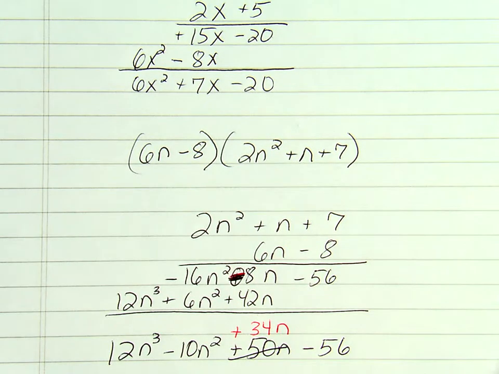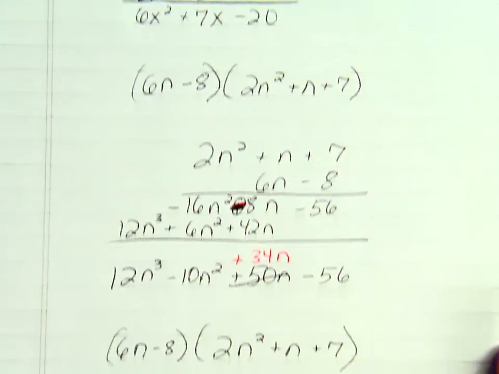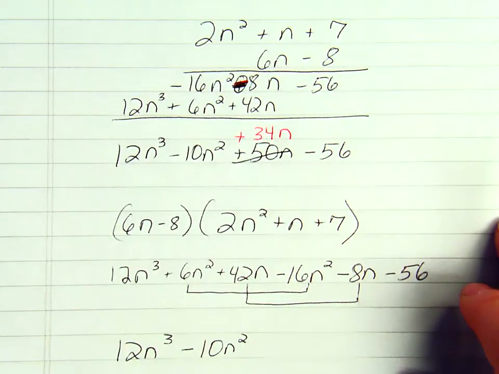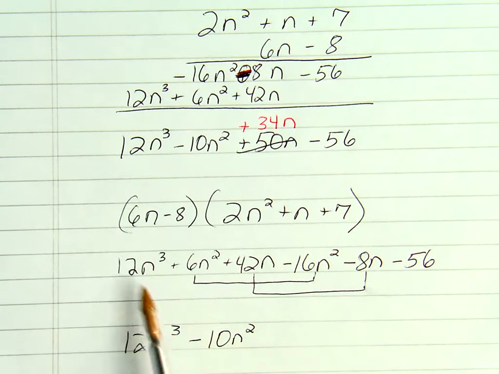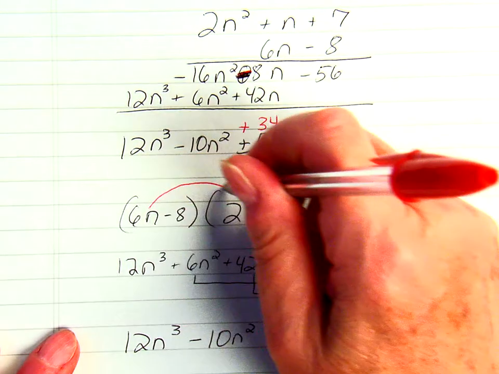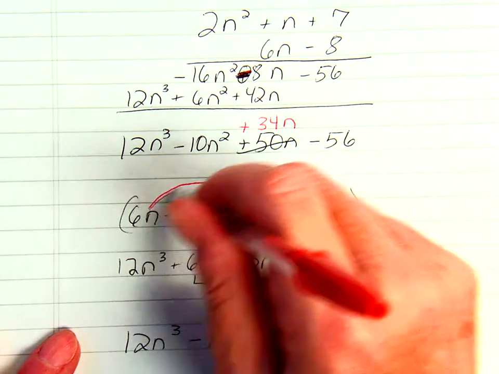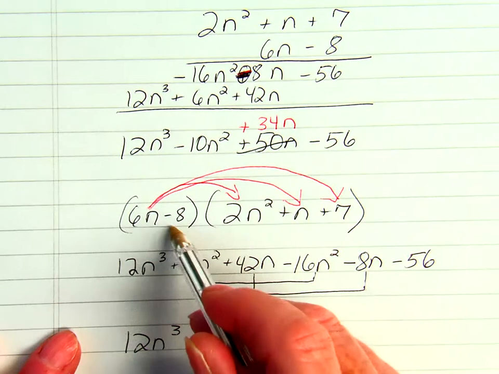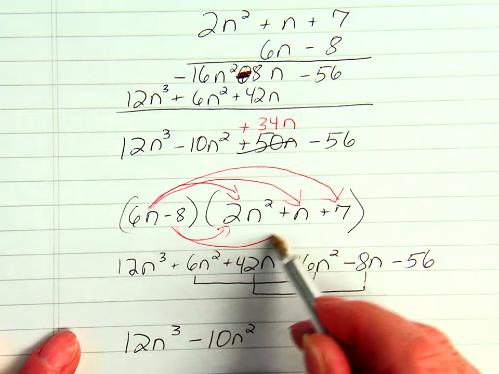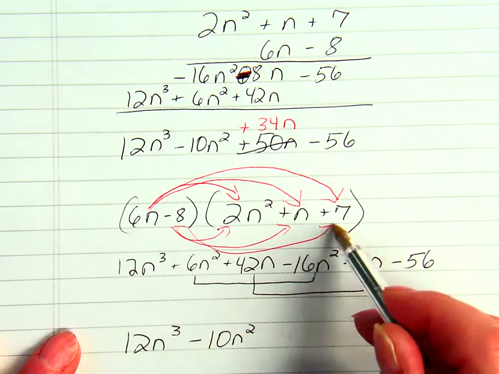I actually caught my mistake when I did this by the distributive property. So let's look at the distributive property, okay? What you're going to be doing is the 6n to all of these first, and then you will do the negative 8 to all of these second.